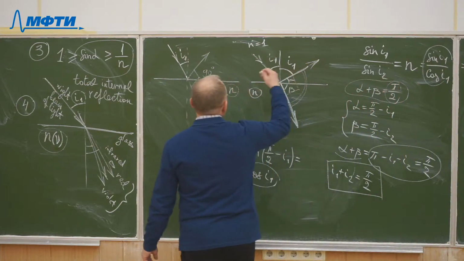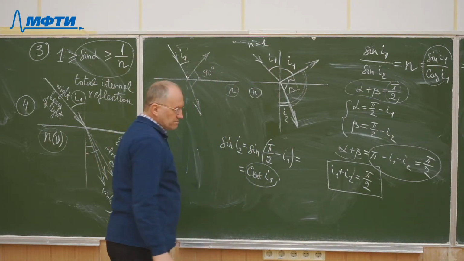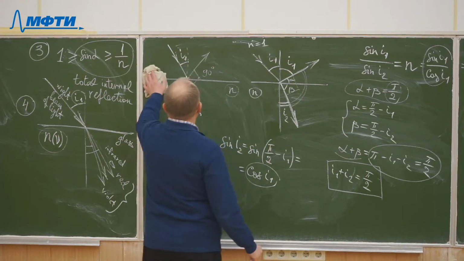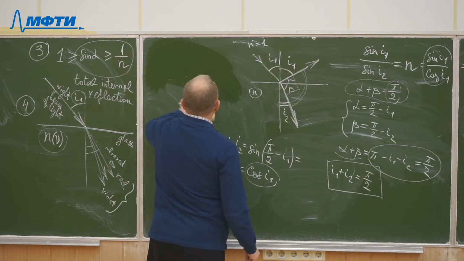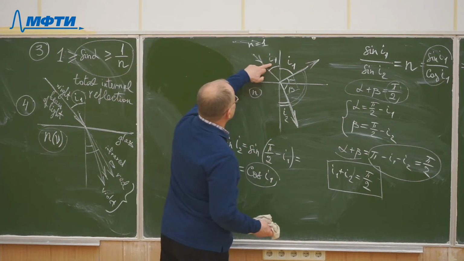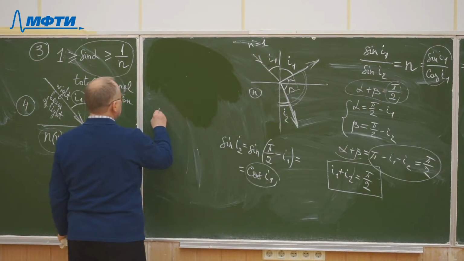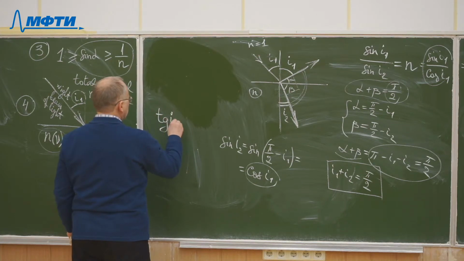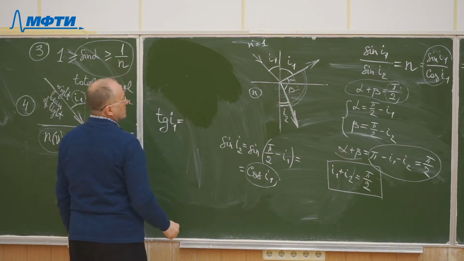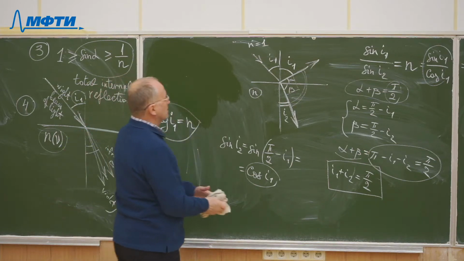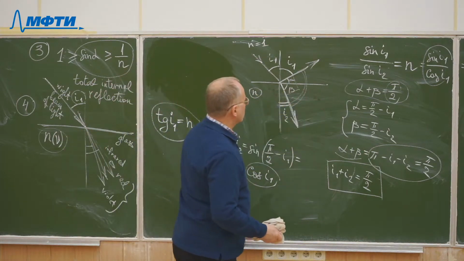So we obtain the solution in this problem. The problem question was, what should be the angle of incidence? We have found the angle of incidence should be such that the tangent of the angle of incidence equals n, the refractive index of the second medium here.